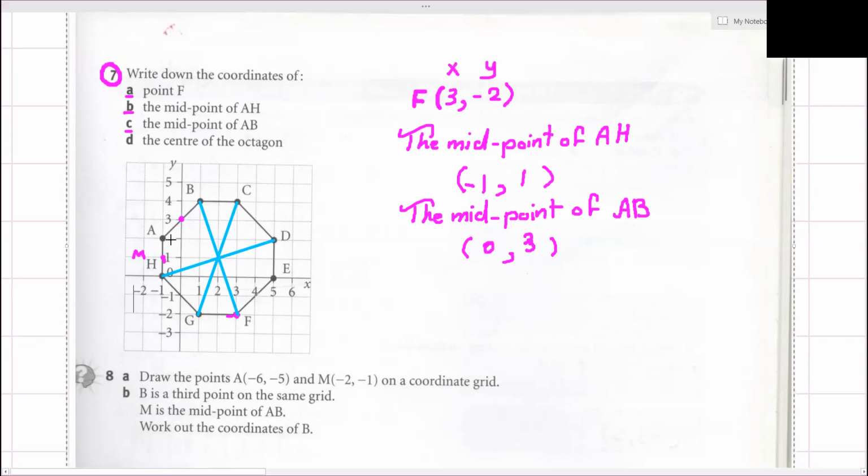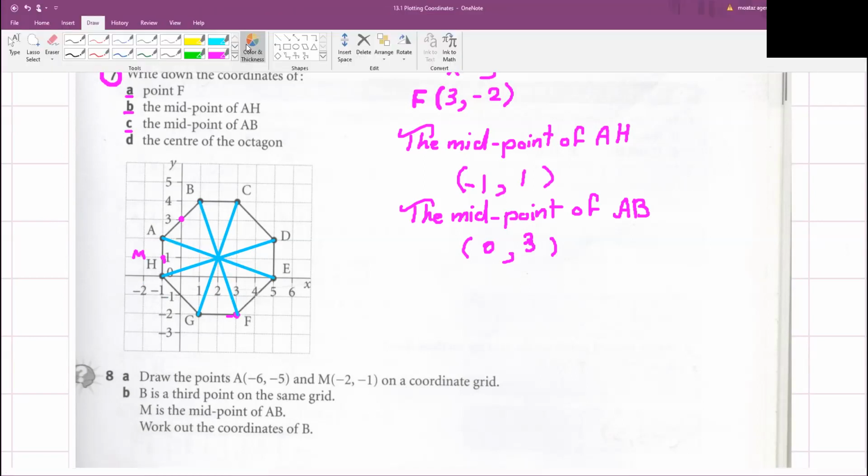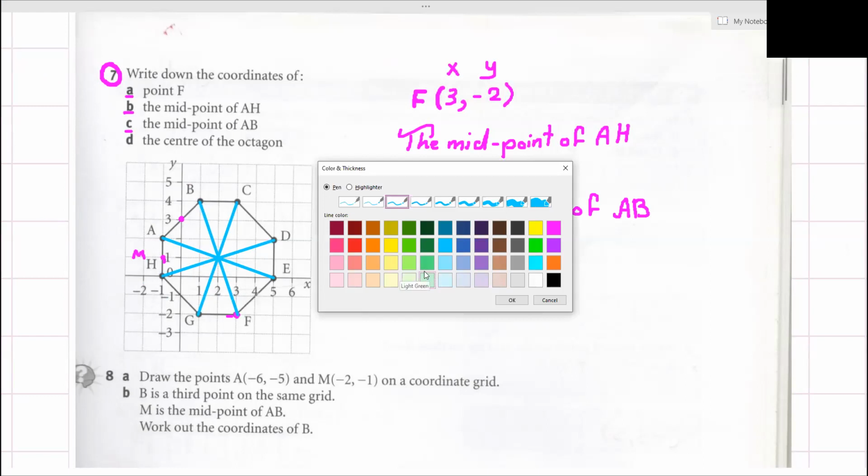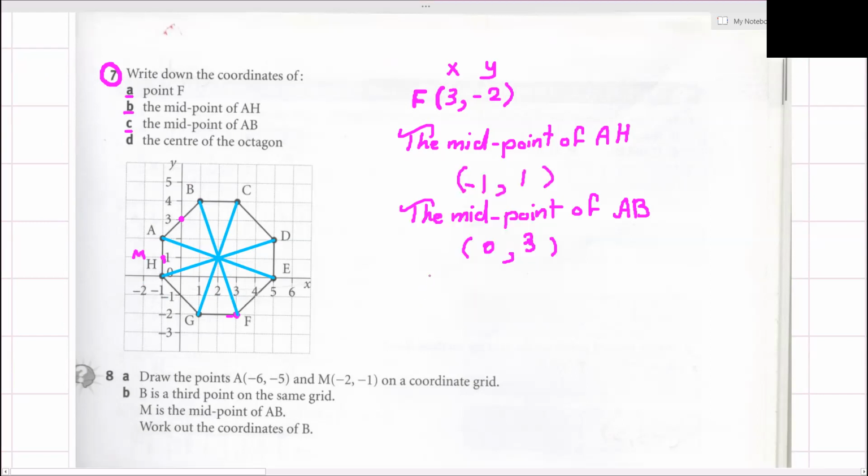It's obvious that the center of the octagon is this point.